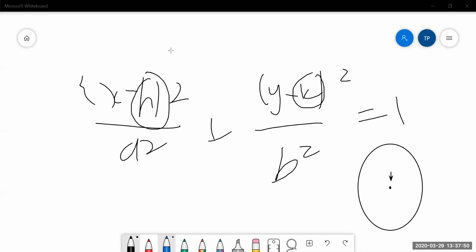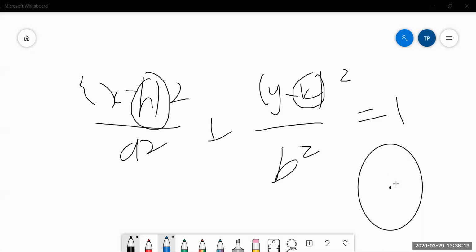What is this A and B? Just help you find the vertices. No. What does A and B denote? The horizontal and vertical, right? Which one is horizontal? Which one is vertical? Horizontal is A and B is vertical.